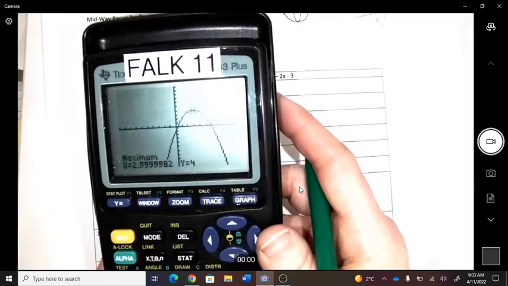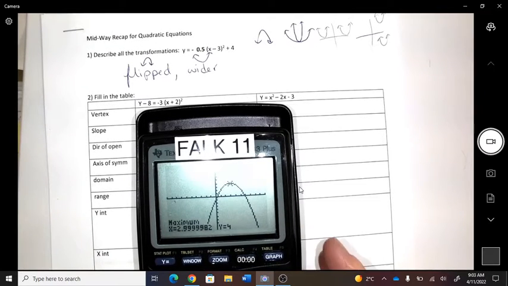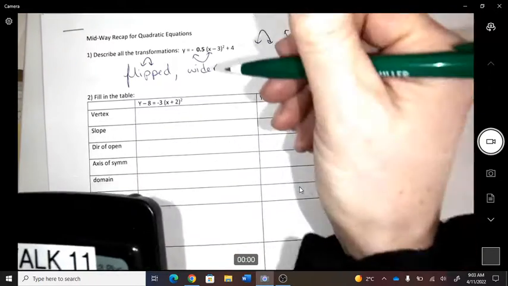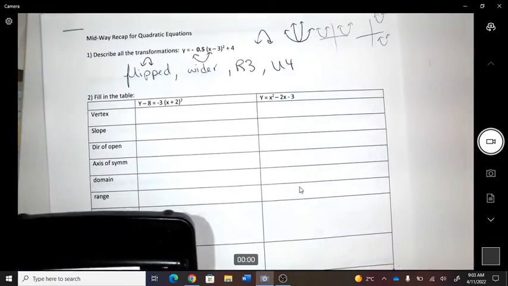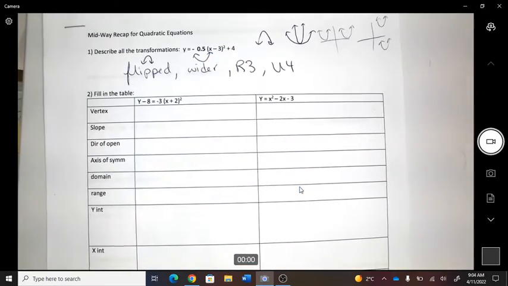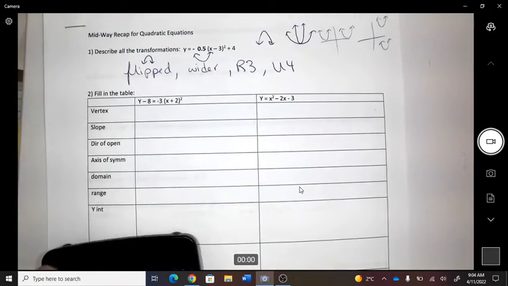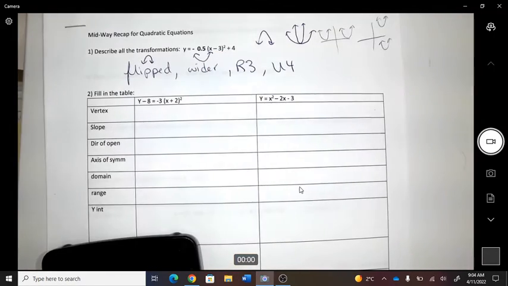So it's 3, 4. 3, 4. So 3 in what direction? 4 in what direction did we go? We did 3 right and up 4. 3 right, up 4. Okay? So the x part was 3 right and the y part is up 4.